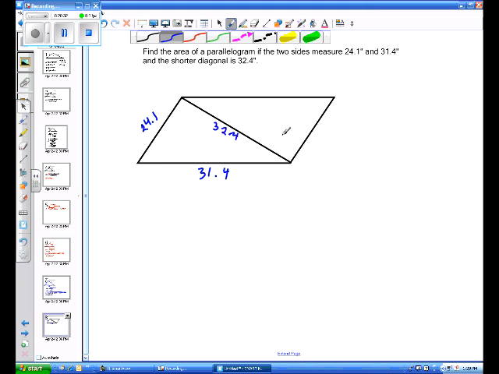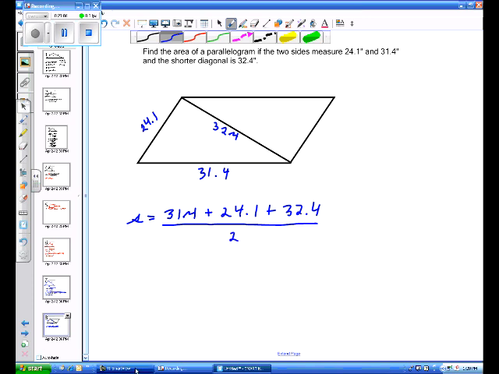Now we want the area of the whole parallelogram. Well, we can't find that directly, but we can find the area of this triangle, and they're going to be the same. Remember, your diagonal bisects it. So then we would just double it. So we have three sides. So S is going to be equal to 31.4 plus 24.1 plus 32.4 divided by 2.